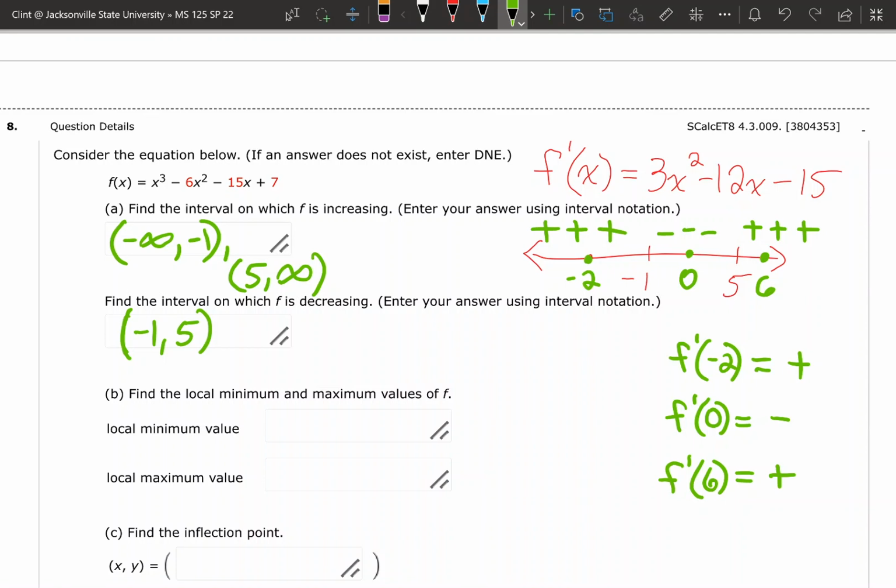The way this one's worded, we want to find f of 5, because it doesn't ask where the local minimum happens, it asks what the local minimum is. So we plug 5 in. 5 cubed is 125, minus 6 times 25, minus 15 times 5, plus 7. I got -93.